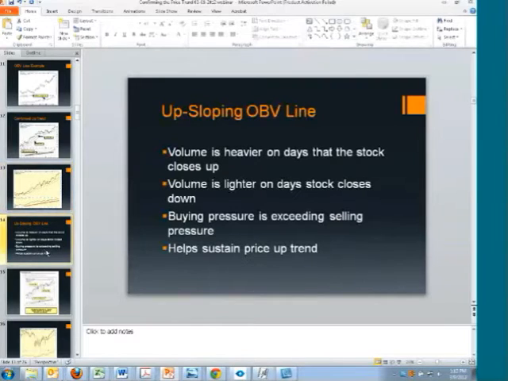So when the on-balance volume line is sloping up, volume is heavier on days that a stock closes up, and volume is lighter on a day that a stock closes down. So that's a great indication that the buying pressure is exceeding the selling pressure. And then we know that if we have an upsloping OBV line, that the volume can help sustain that price uptrend.